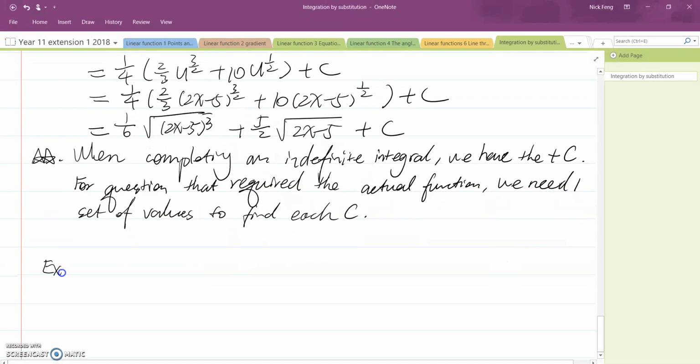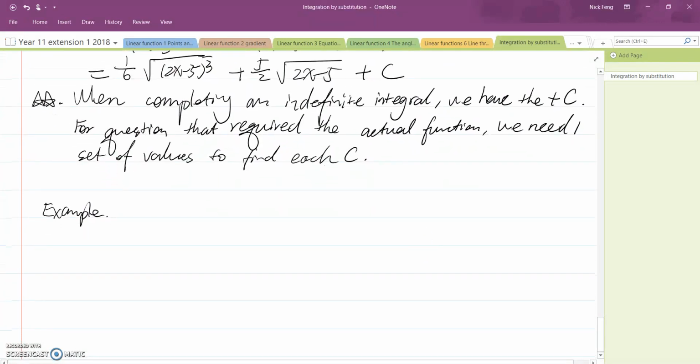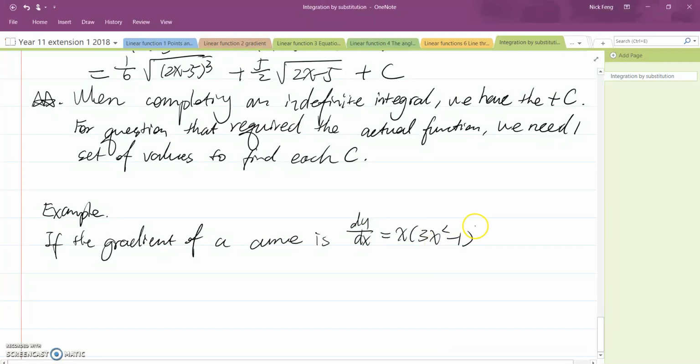So for example, if the gradient of a curve is dy over dx equals x times 3x squared minus 1 to the power of, let's say, I don't know, 2.